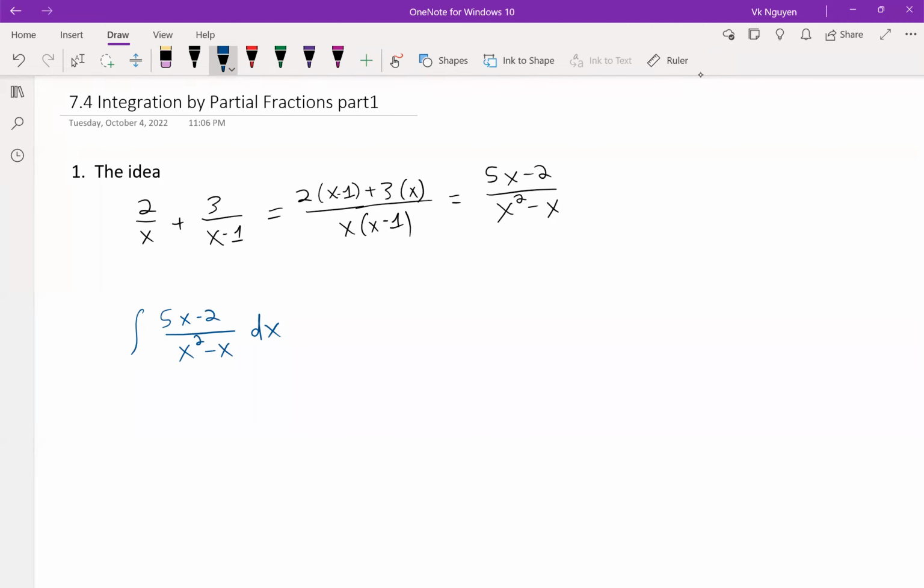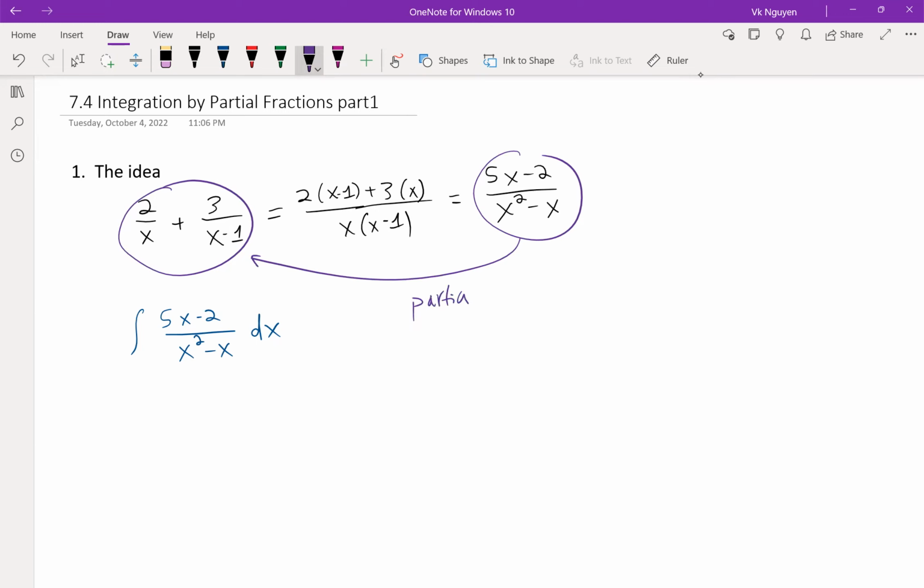The way to do something like this is we have to be able to do the reverse of the LCD, and the reverse is called partial fraction decomposition.